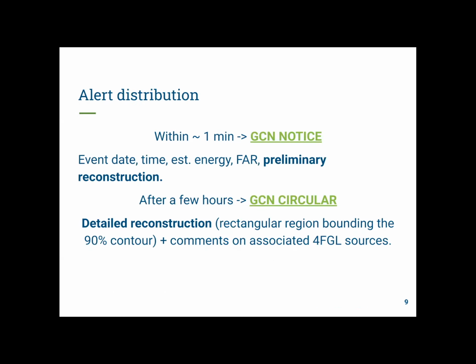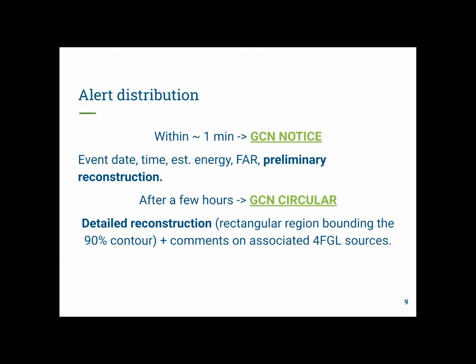So what happens when our pipeline selects an event as an AstroTrack alert? You usually have a prompt alert distribution within 1 minute that results in the production of a GCN notice that carries the event date, the time, the estimated energy, the FAR, and the preliminary reconstruction.